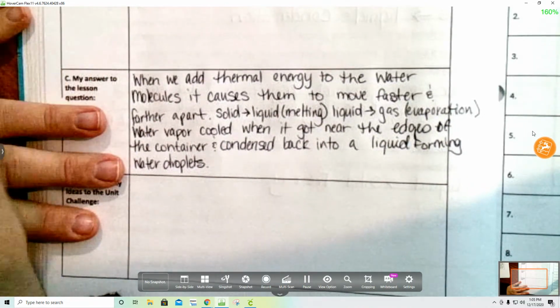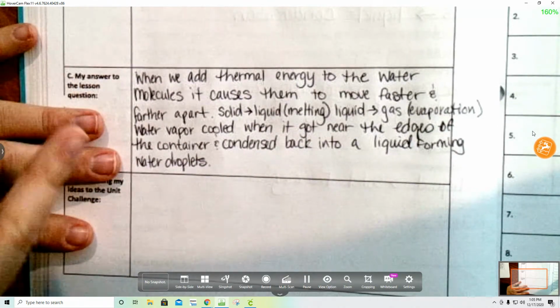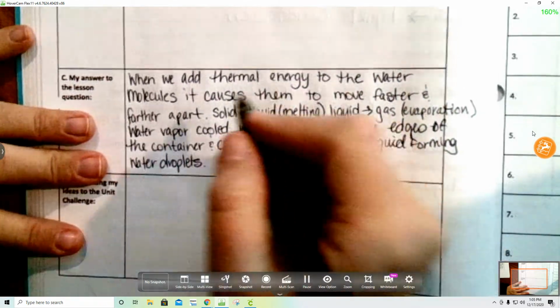The only way this could happen is if those gas molecules start slowing down, getting closer together, losing their thermal energy.